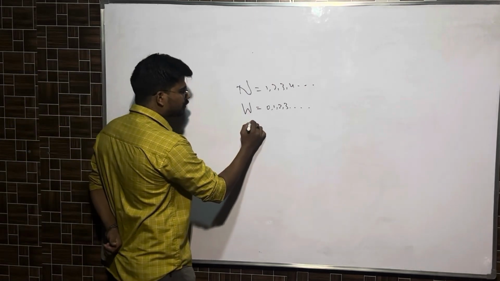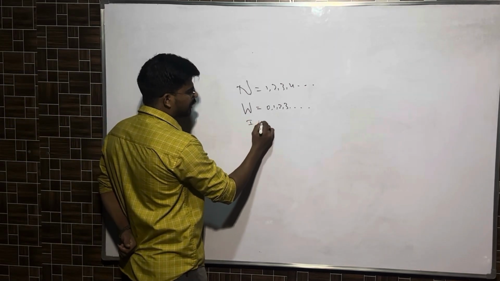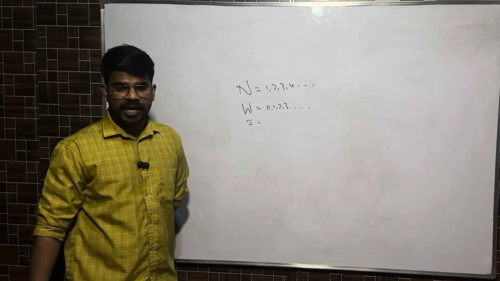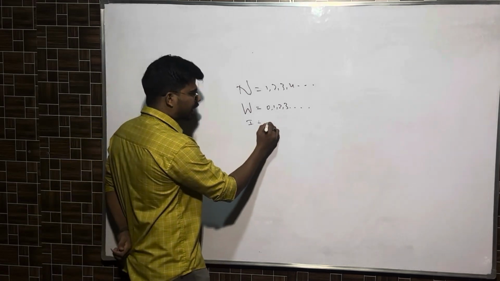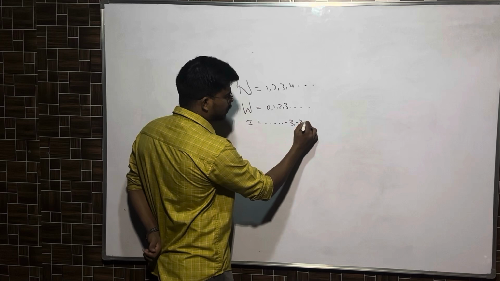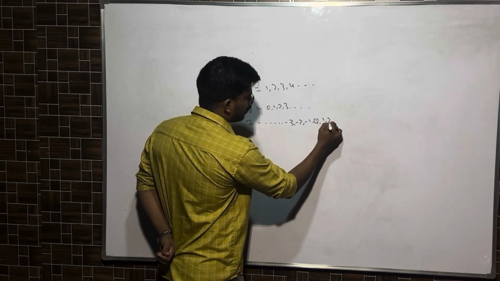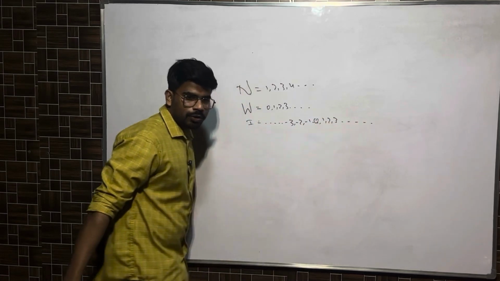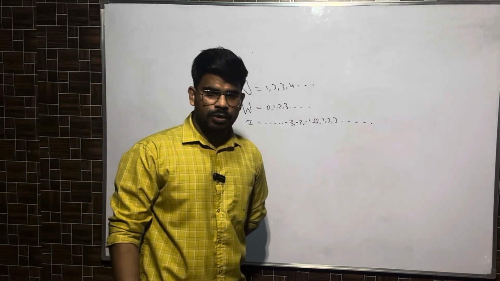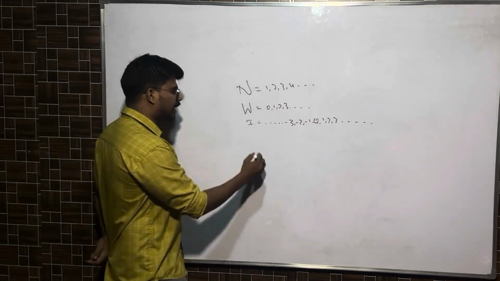Next, integers. Integers go from negative infinity to positive infinity. Negative infinity, minus 3, minus 2, minus 1, 0, 1, 2, 3. All these numbers are considered to be integers. Next, rational numbers.